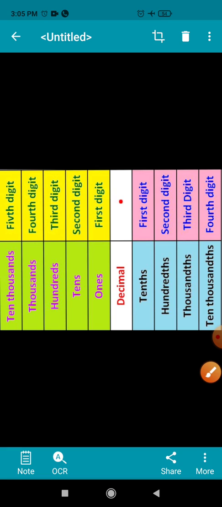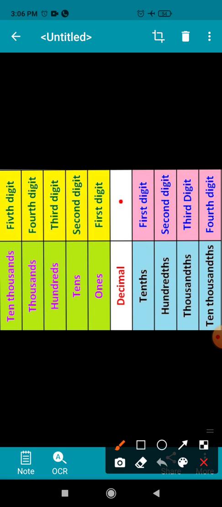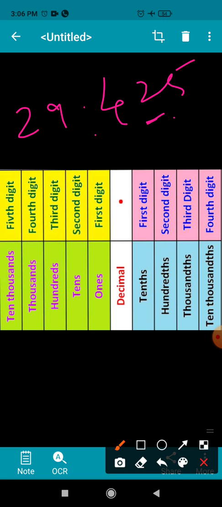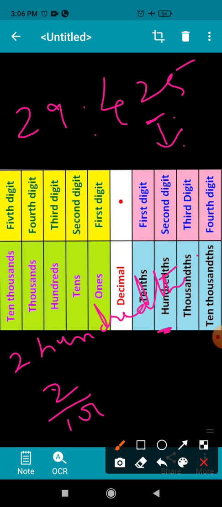Okay, and the place value of this 2, if you see, this is the second place after decimal, and the second place after decimal is hundredths place. So the place value of this 2 will be 2/100, or you can write it in decimal as 0.02.